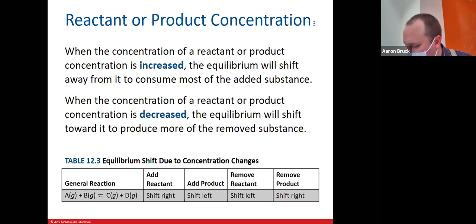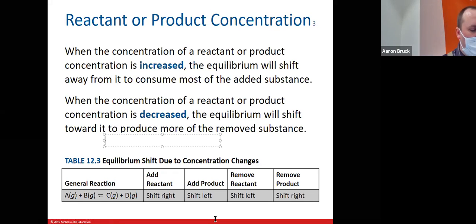In simple terms, we refer to these shifts as shifting right if we're going to make more products, or shifting left if we're going to make more reactants.